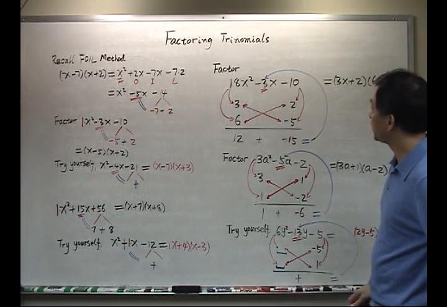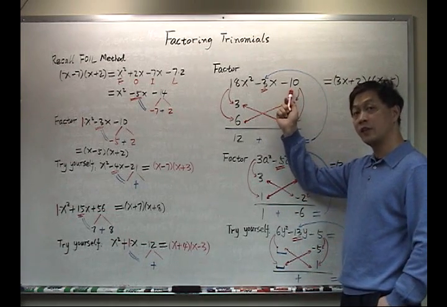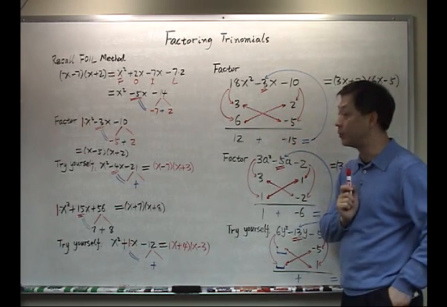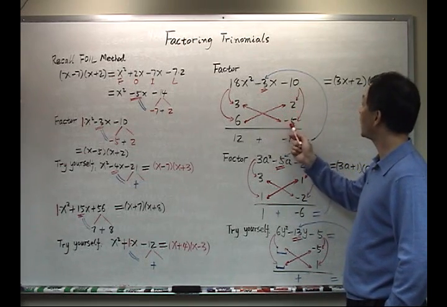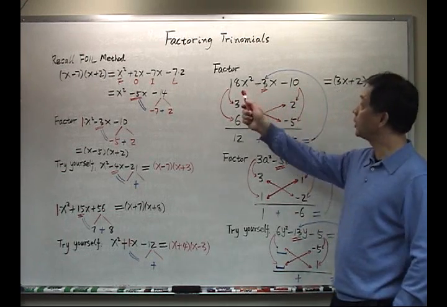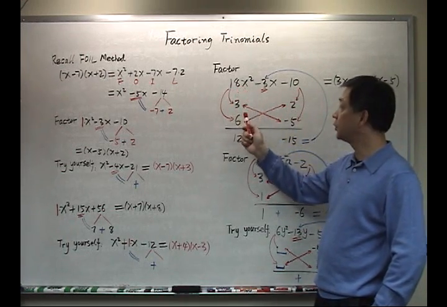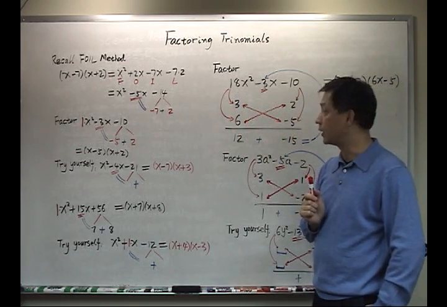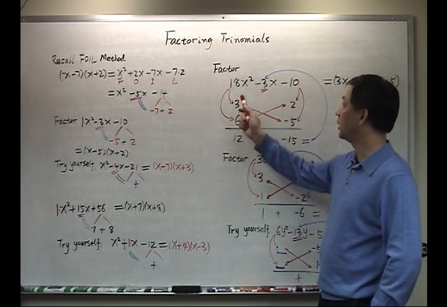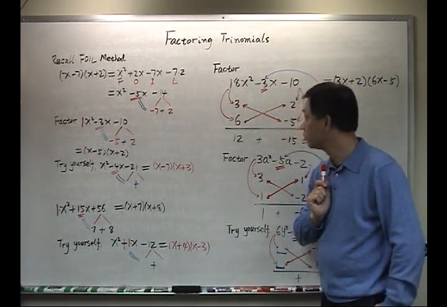You know, previously we needed to break up the constant into two numbers. 2 times negative 5, you have negative 10. Now we also need to break up 18 into two numbers. Okay? If you break up 18 into 3 times 6, it's going to be 18.